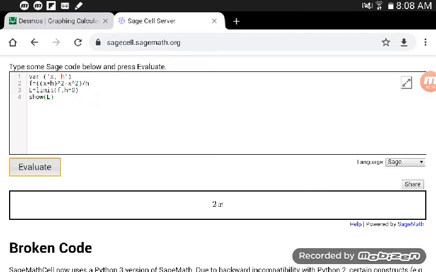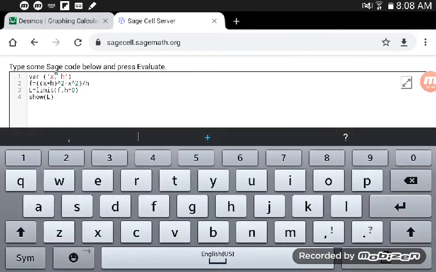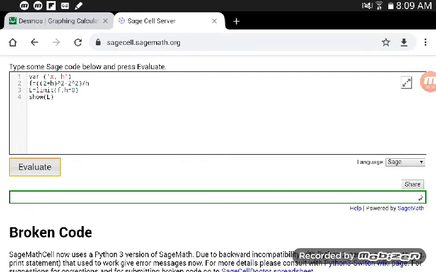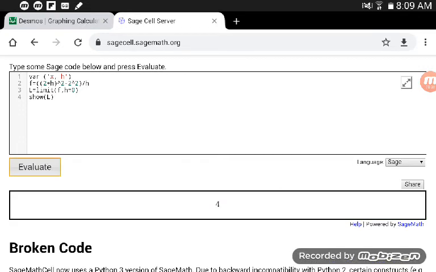And then, of course, with Sage Cell, everywhere I have the x, I could put in the 2 and do the limit, and it should come out to 4. If I can get that in the right spot, backspace, make that a 2. Backspace, make that a 2. And then evaluate and I should get 4. And there we go.